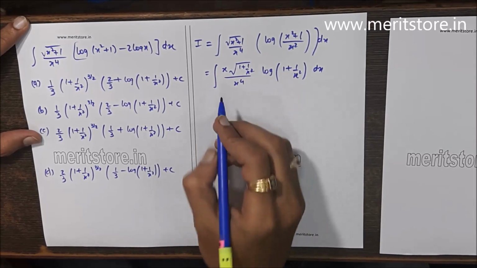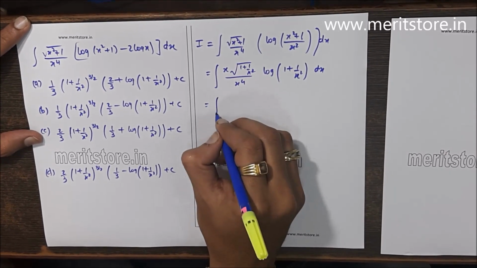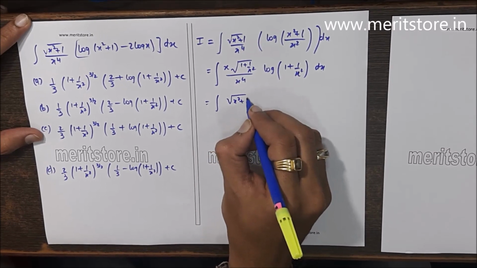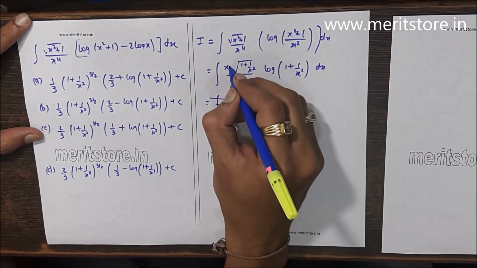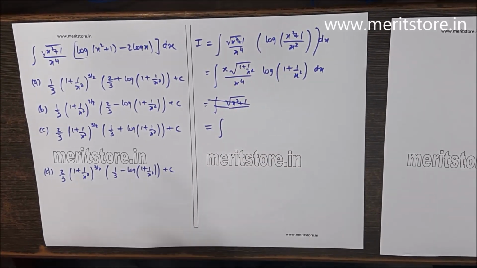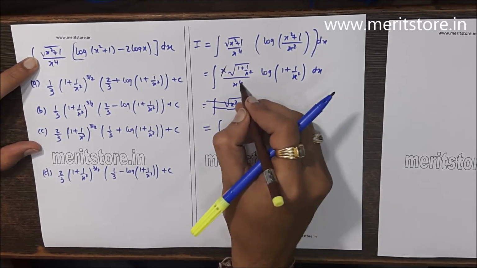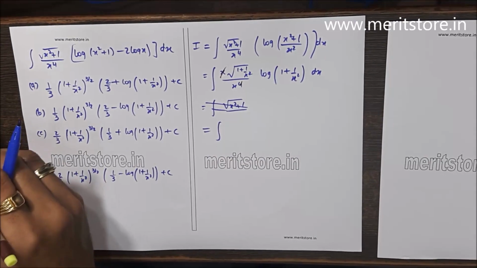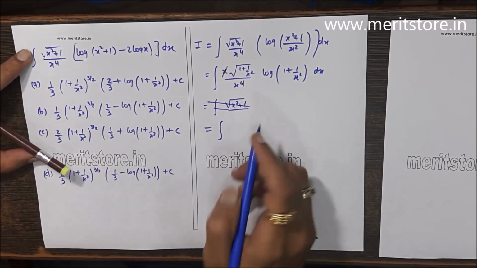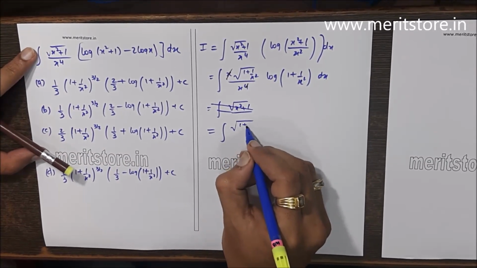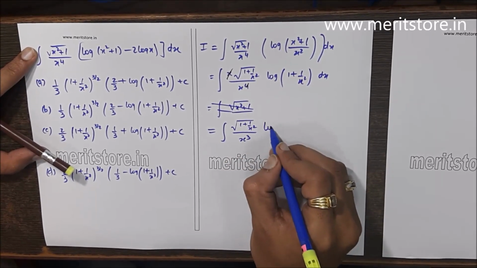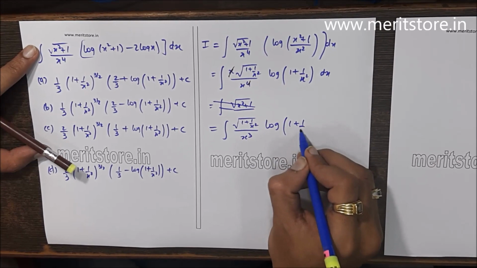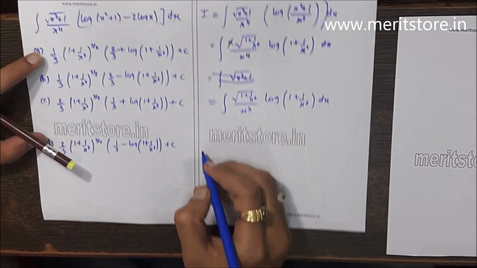We have a clear-cut substitution. Cancelling this x raised to 4 with x, I'll get root of 1 plus 1 upon x square upon x cube, log of 1 plus 1 upon x square, dx.